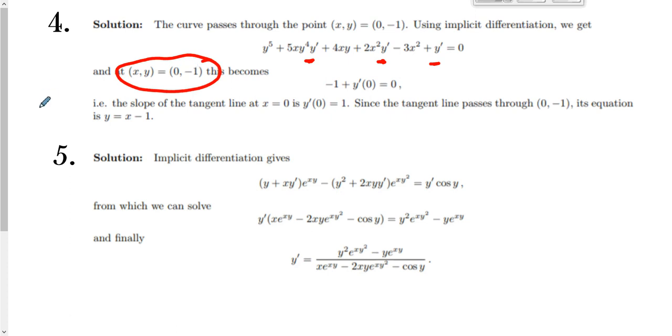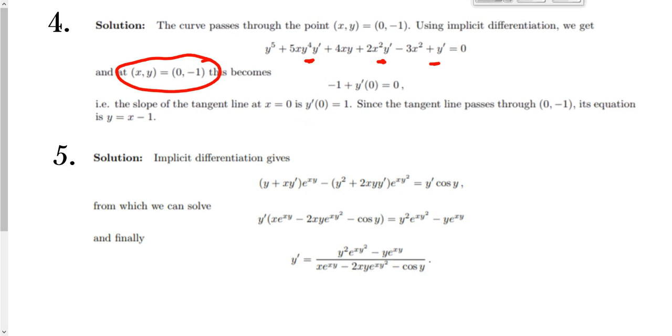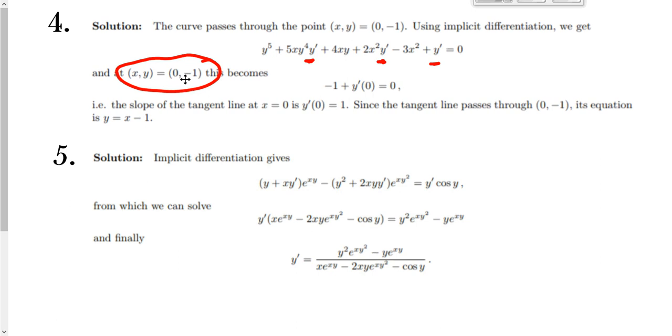That is from the original equation. And then you can use that ordered pair, sub in, and solve for y prime. Okay, so the slope at 0, the y prime value at 0 is 1, and the ordered pair is (0, -1). So you put those two things together and write the equation of the tangent line, which is given there.